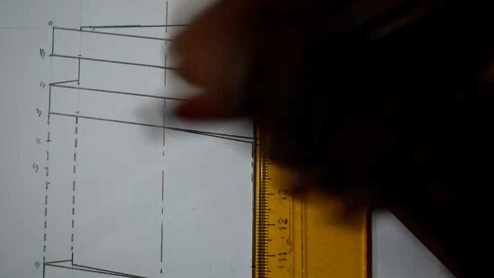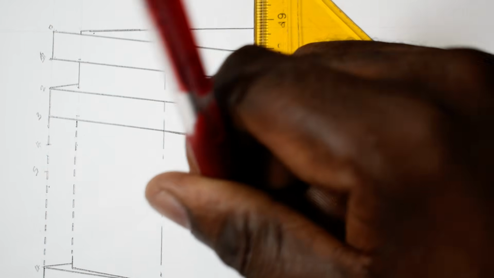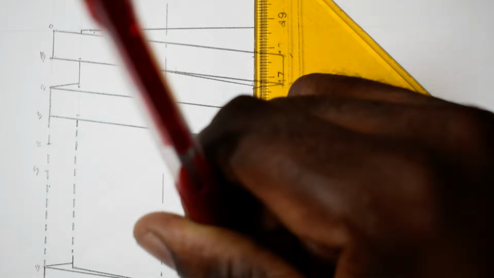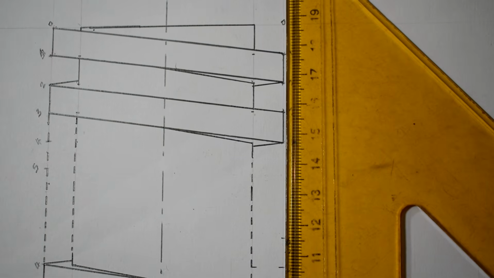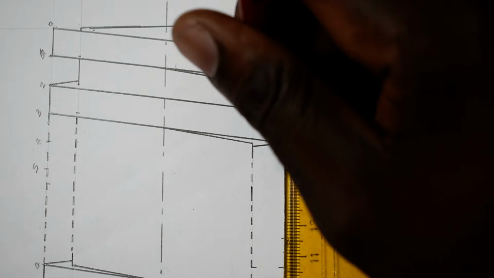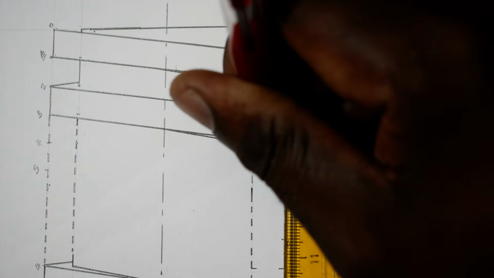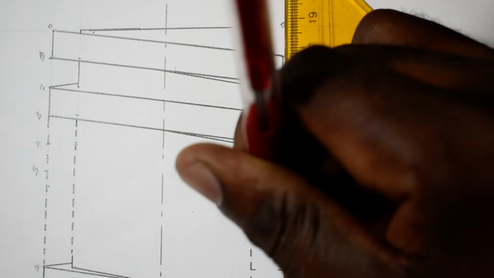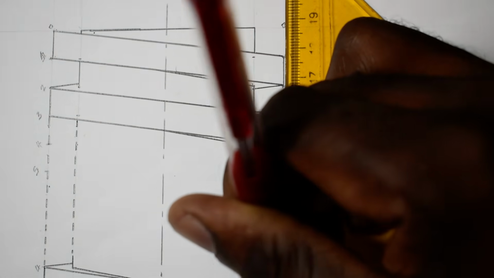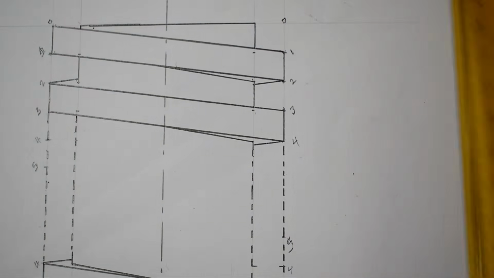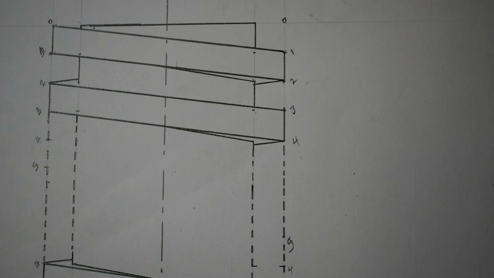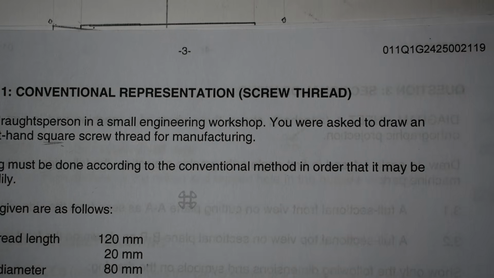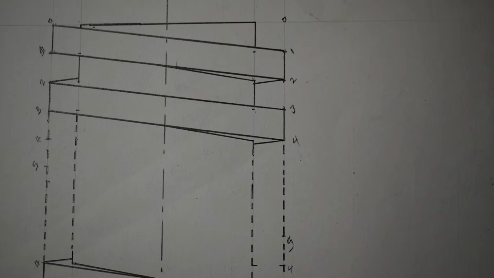There must be a difference between a center line and a hidden line. You get it? A center line is always drawn dark, long, shorter, long, shorter, long, short. But a hidden line is always drawn dark, but short, short, short, short, short, short. You get it? So like this. So this was the question, then this is the solution.